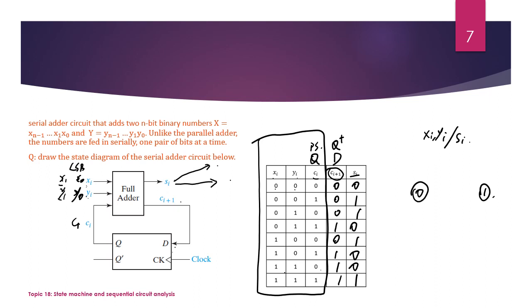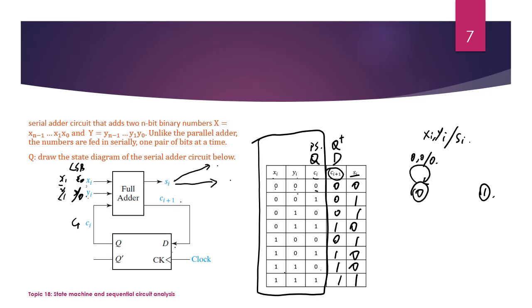So if xi, yi equal 0, 0 and the present state is 0, the next state is 0. It goes back to itself, so 0, 0, and si is 0.